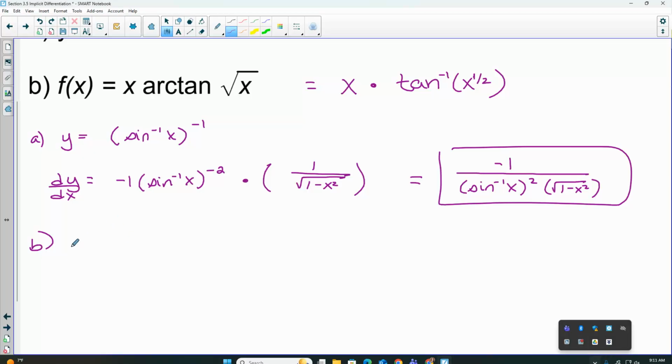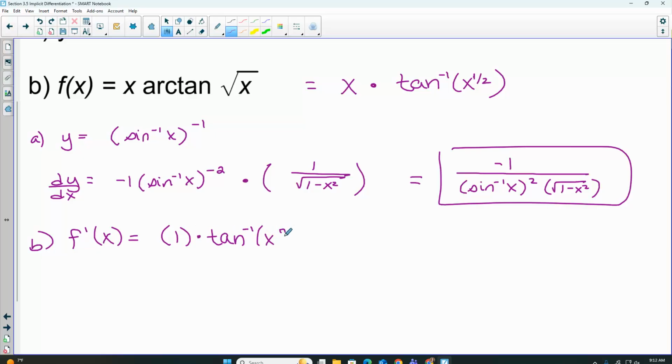Our derivative, we have to do the product rule. So derivative of the first, derivative of x is 1 times the second, plus the first times the derivative of the second. What is the derivative of tangent inverse? Look at your table or the one we already proved.